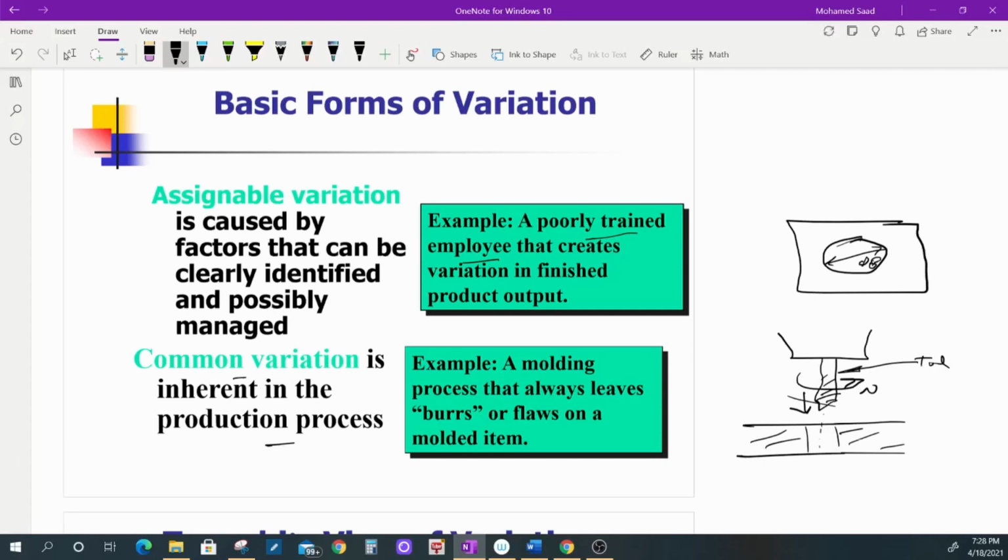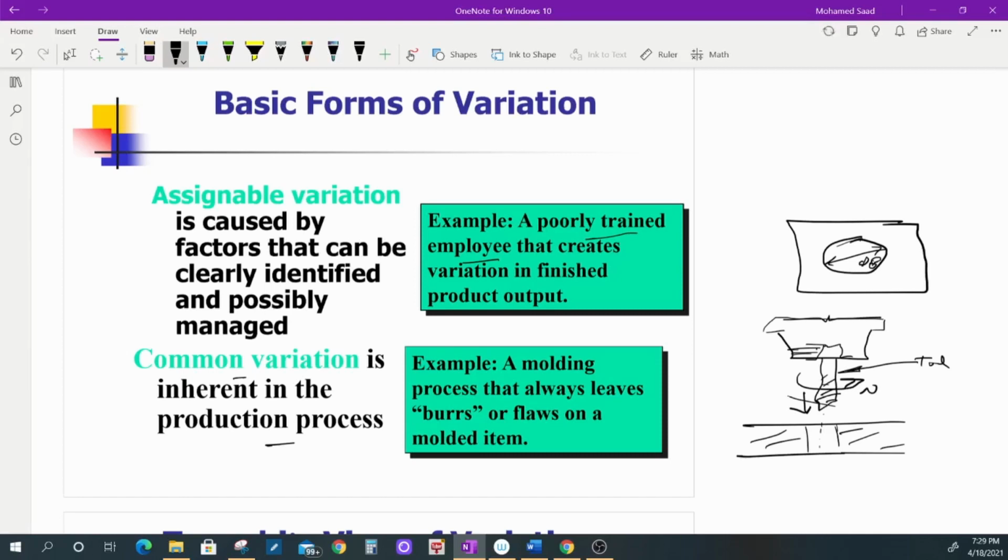Or instead of securing the tool exactly as it's supposed to be in the machine tool, or in the chuck in this example, he did not do the tightening or the clamping correctly. So now the tool has some sort of vibration or wobbling. So this all is just from the operator. He has less training, or he has a problem in his skills that makes him do these things.